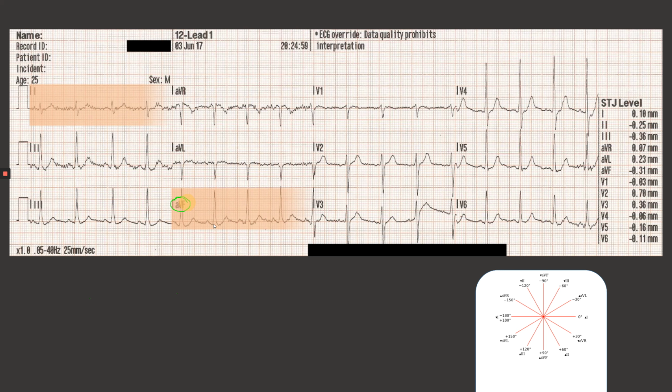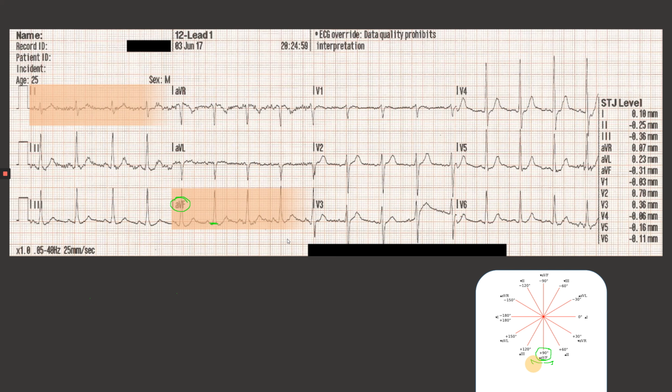If the QRS is going up, as it is in this one, meaning up above the isoelectric line, then I look on this graph right here, and the triangle that is up, representing the QRS, is where I'm going to look. This is for lead AVF. And so my axis is going to be about 90 degrees, so kind of right on that border of right axis deviation and normal. So that's how this system is used.